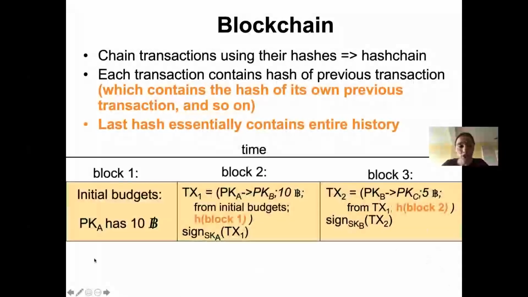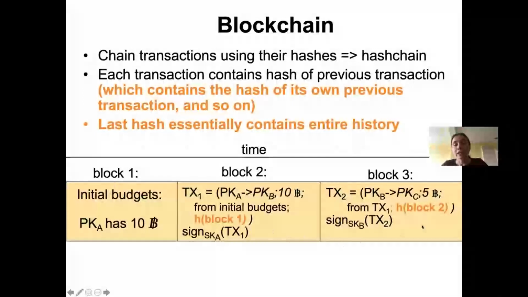So here you have a chain of blocks, the blockchain, and inside it you have a chain of hashes, the hash chain. So basically in block 3, you have the hash of block 2. And in block 2, you have the hash of block 1. So this is the hash chain. They chain because the hash of block 2 contains the hash of block 1, which contains block 1.